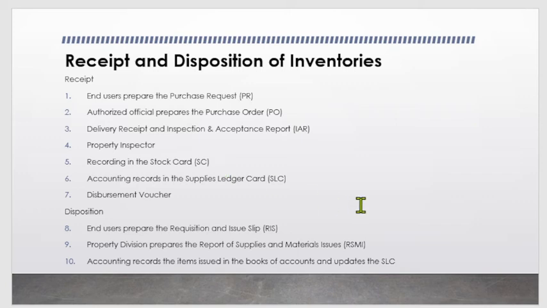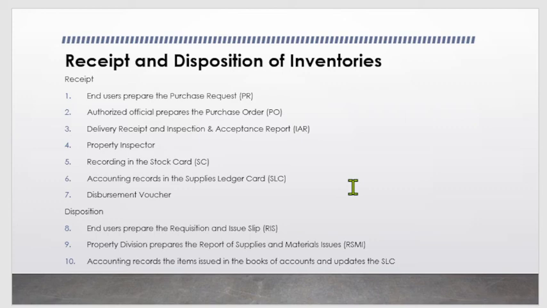Number 6, we record. So, dapat yung record kasi ng property at record ng accounting division ay tally at a given point in time. At all times dapat, pero dahil nga sa documentation, dapat at a point in time ay tally yan. The accounting division records the accepted deliveries in the books of accounts in the supplies ledger card.